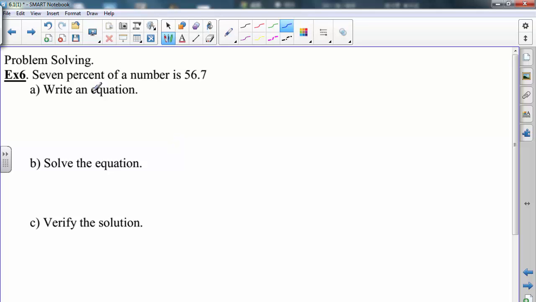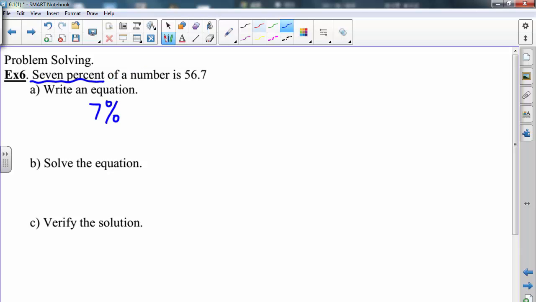Let's look at example 6. This is an easy problem solving. 7% of a number is 56.7. First, I need to translate all those words into an algebraic equation. 7% means 7%. I use the mathematical numbers and the symbols to represent 7%.